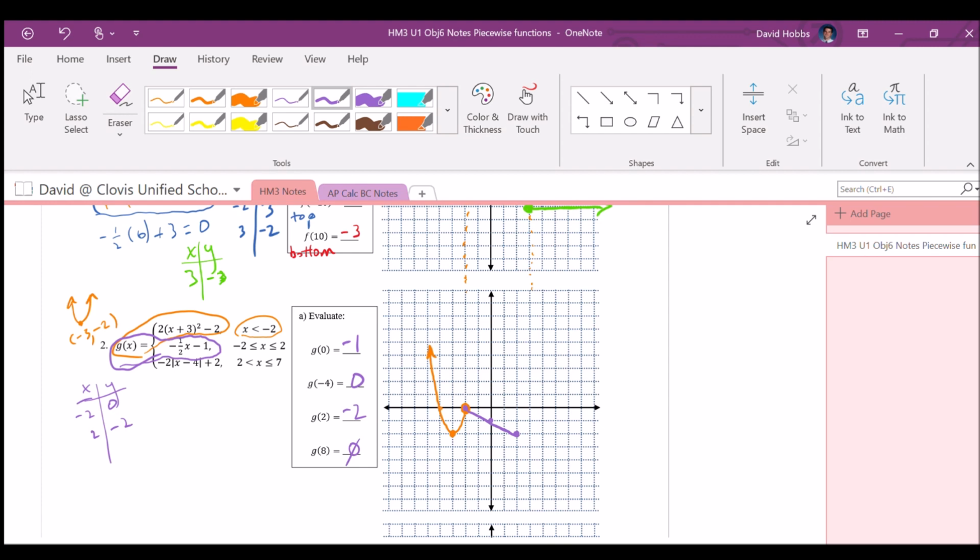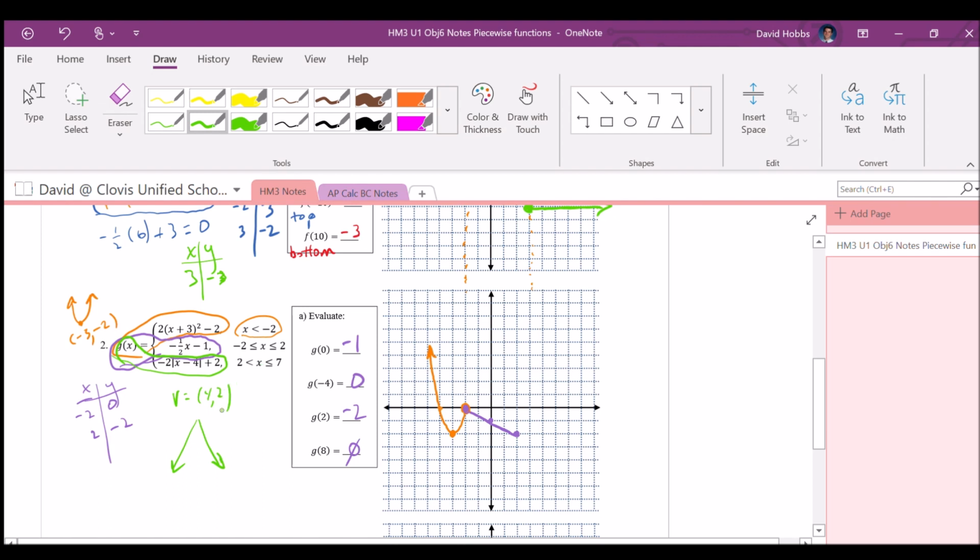Okay, last piece, we've got a linear absolute value function. The vertex is 4, 2, and it's opening down. Okay, is 4 in the domain?